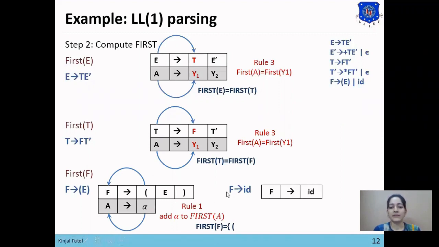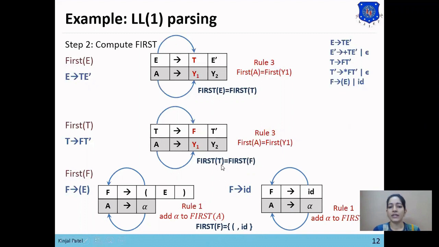Then we'll check the second production of F, which is F produce ID. It also matches rule 1, so ID will be added to first of F.